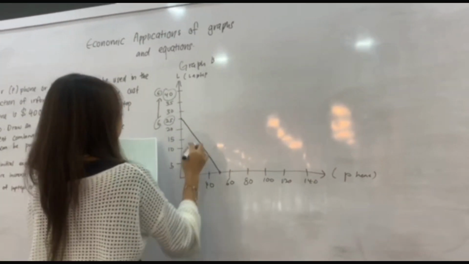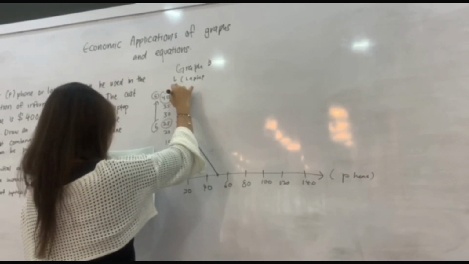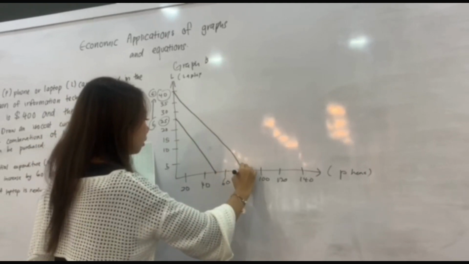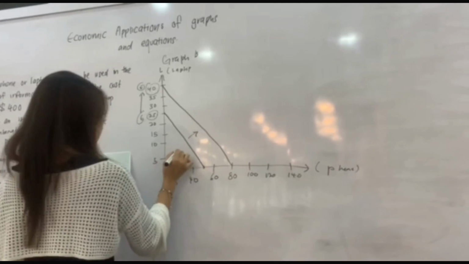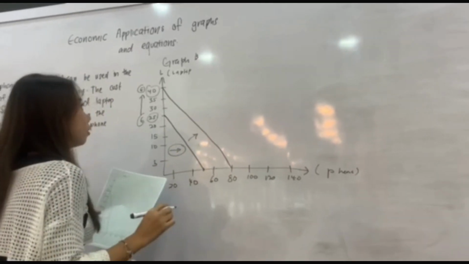So the second garisan kita kena buat 40, kena gariskan kepada 80. So we need to do the error expenditure. So this is for the graph B.